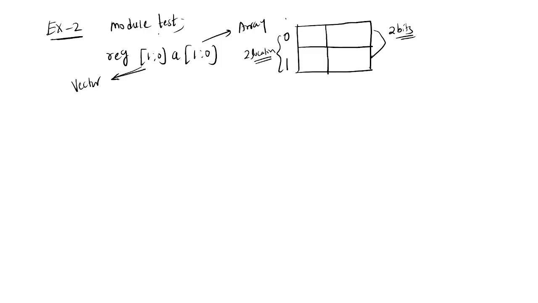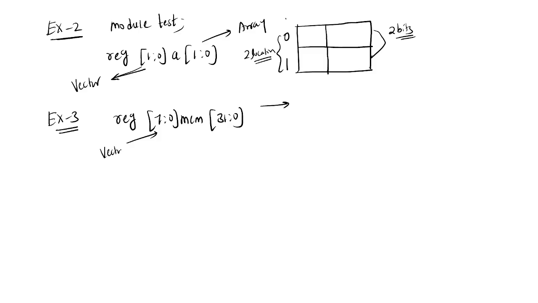Suppose, like example 3, I'm creating the memory. How to create the memory? reg [7:0] mem [31:0]. So this is memory creation. In total how many locations are there?